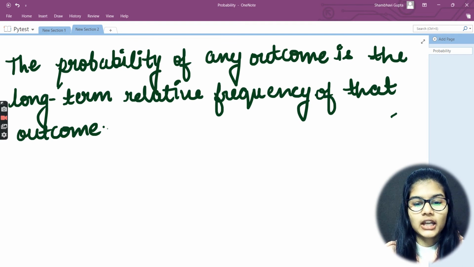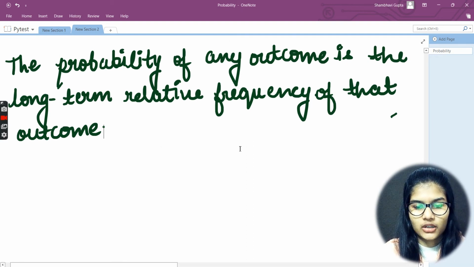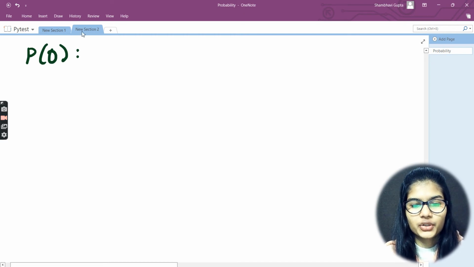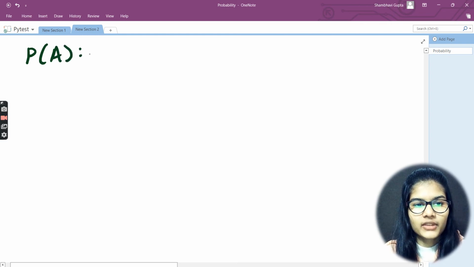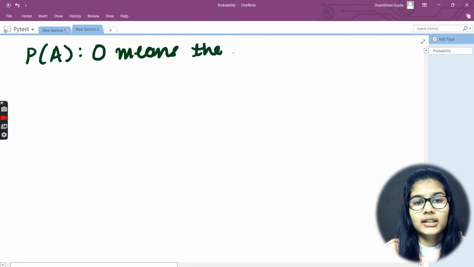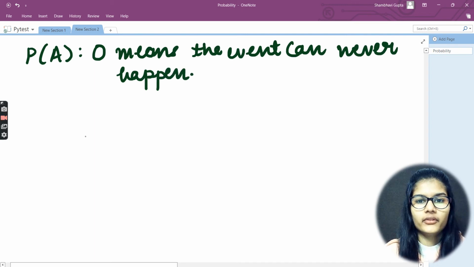Now here are some important things to be noted down. If I write probability of A is 0, what does this mean? It means the event can never happen.